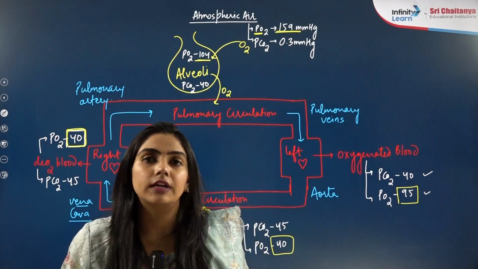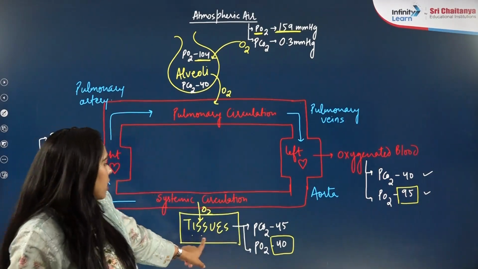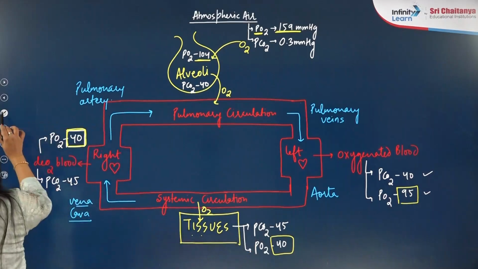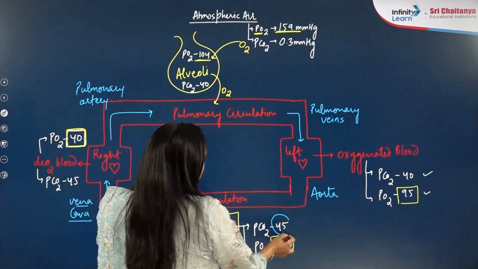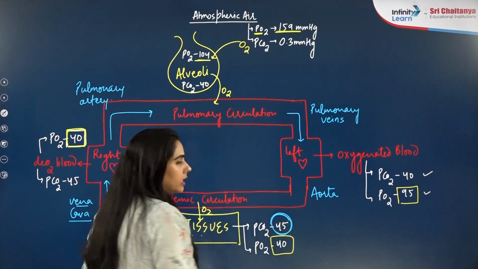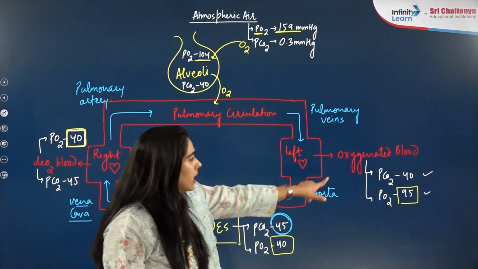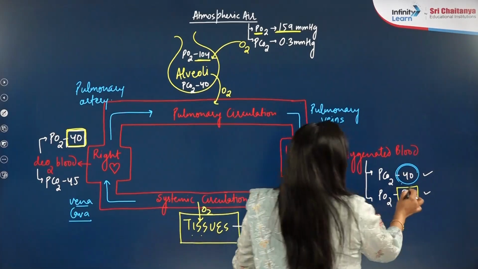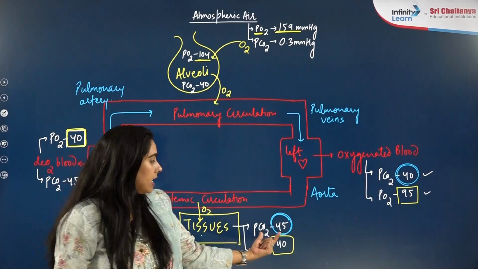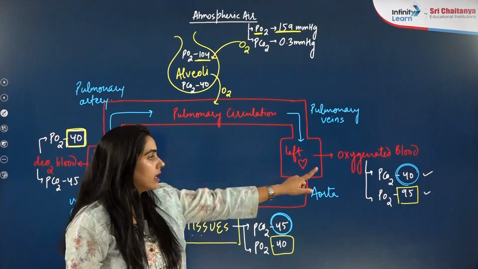Now exchange of carbon dioxide. Carbon dioxide is getting evolved. Where is it getting evolved? It is getting evolved at tissues. What is the partial pressure? 45. What is the blood which is coming here? Oxygenated blood. What is the partial pressure? 40. Where is it high? In the tissues. Where is it less?